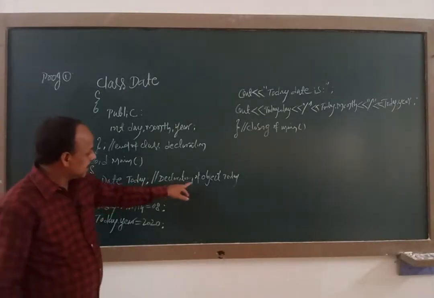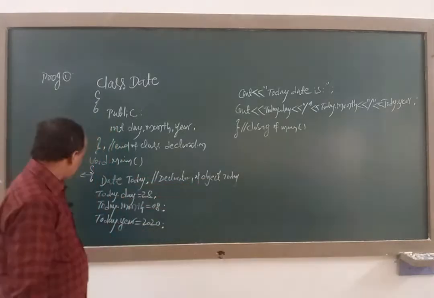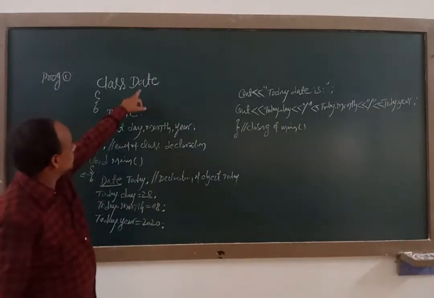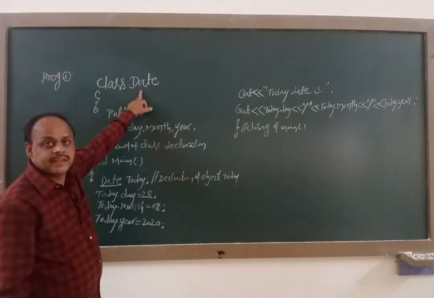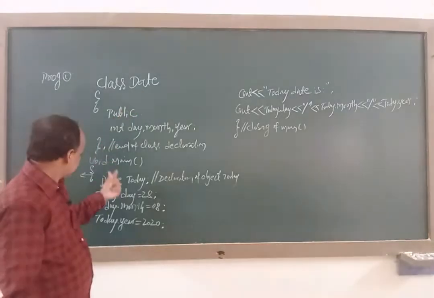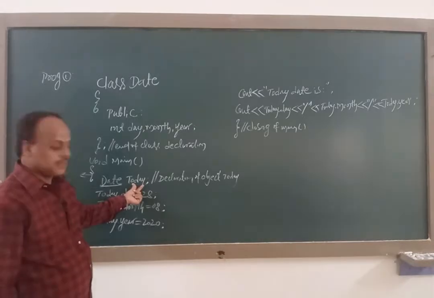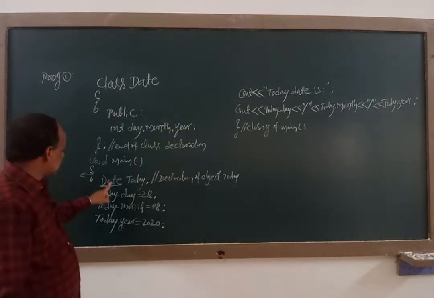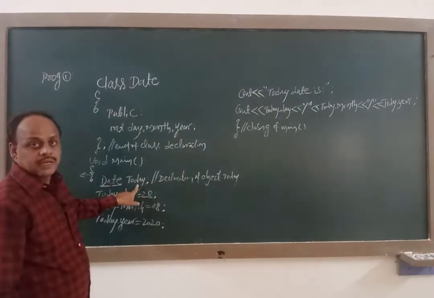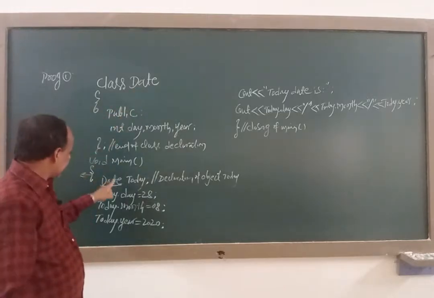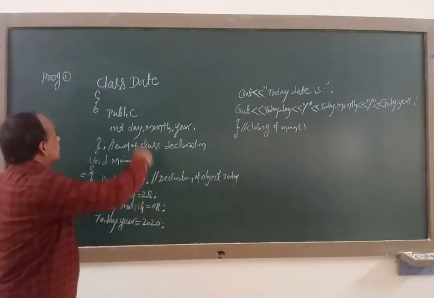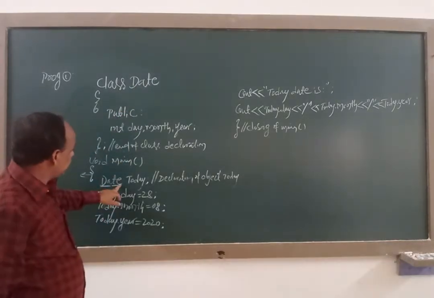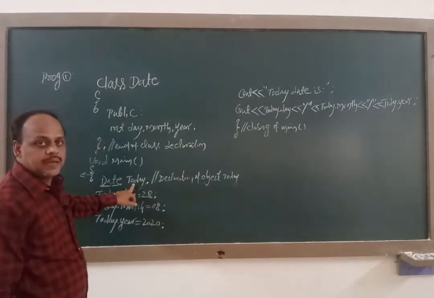What does this date indicate? It indicates the name of the class. Recall the syntax for declaring an object: class name, space, object name, and a semicolon. If the class name is student, we take student space object name. If the class name is rectangle, we take rectangle space object name. Now the class is date, so date is the class name, space, and today is the name of the object.